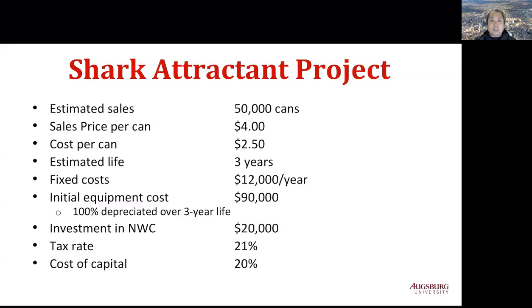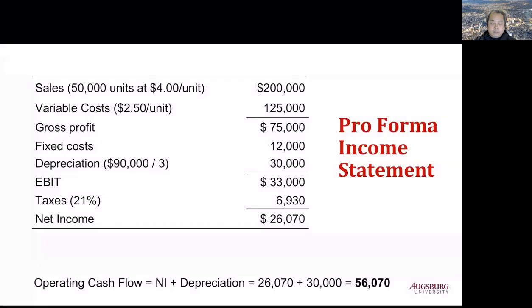Let's analyze this project. Let's build the pro forma income statement. Sales per year is 50,000 units times $4, $200,000. The variable cost is, again, 50,000 units times $2.50, $125,000.